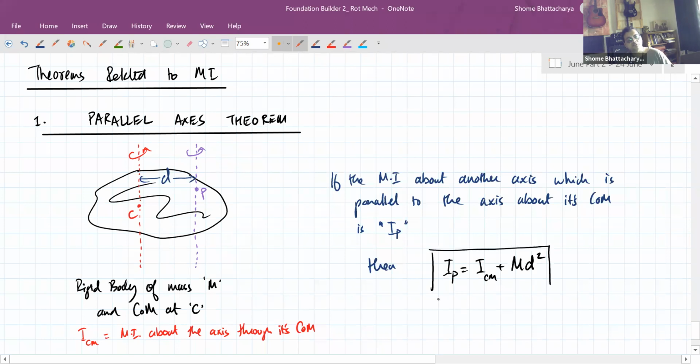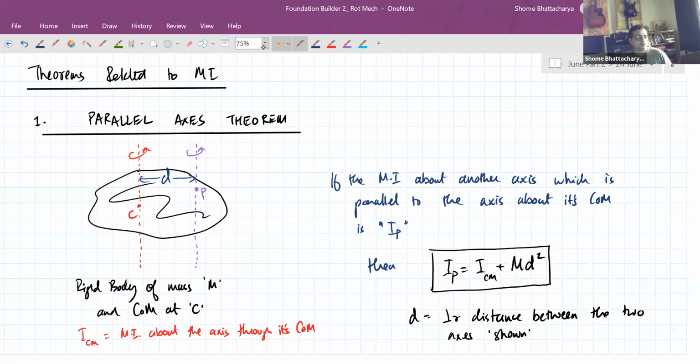Where M we have already seen is the total mass of the body, and D is the perpendicular distance between the two axes shown. Okay. So just write down the statement of the theorem first, then we will come to applications, and then later we will see the proof also.